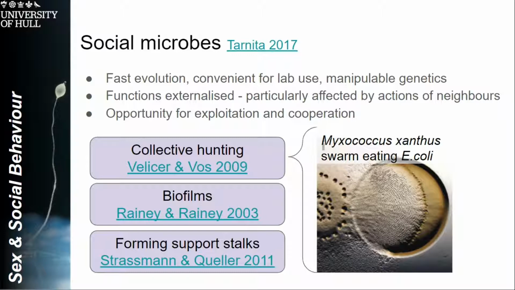They'll do things like digestion and sensing that rely on chemicals they secrete outside of their cell, and that inherently brings the potential to interact with other individuals in proximity. So their neighbours are particularly likely to affect each other with their behaviours in microbes.